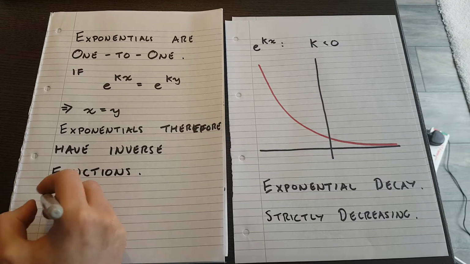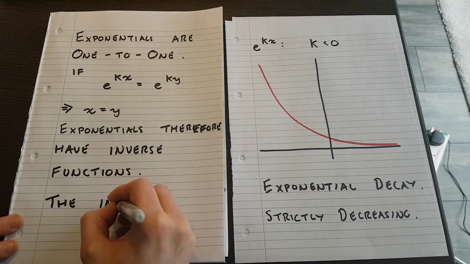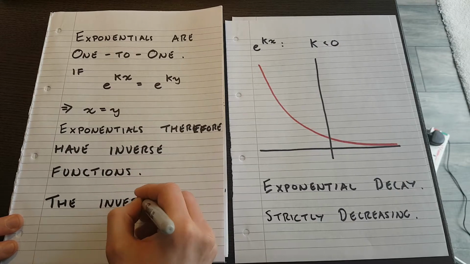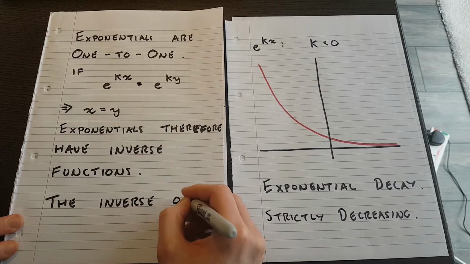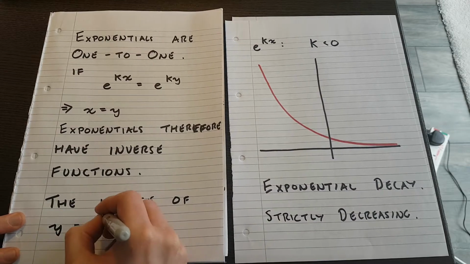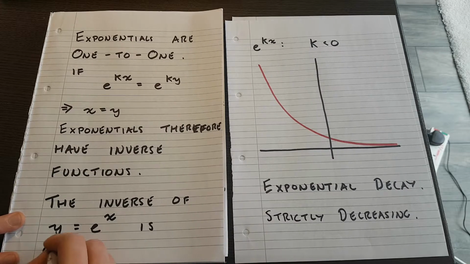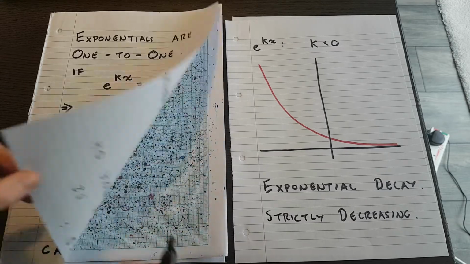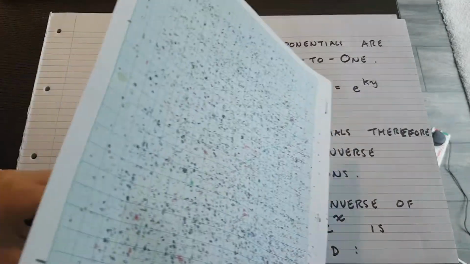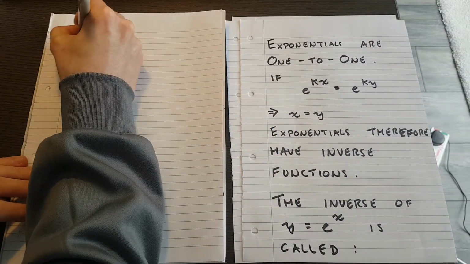The inverse of y equals e to the x has a special name.